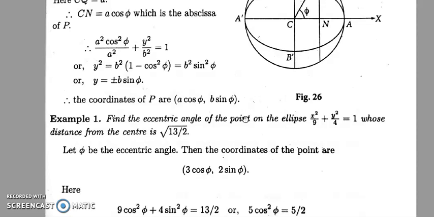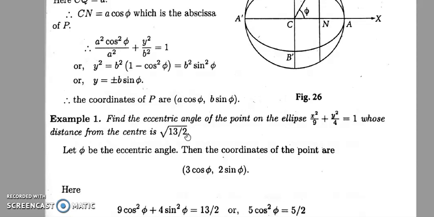So P lies on the ellipse and P യുടെ ഡിസ്റ്റൻസ് സെൻറ്ററിൽ നിന്ന് പിയിലേക്കുള്ള ഡിസ്റ്റൻസ് ആണ് നമുക്ക് തന്നിട്ടുള്ളത്. റൂട്ട് ഓഫ് 13/2 ആണ്. സോ let us take the eccentric angle to be phi.